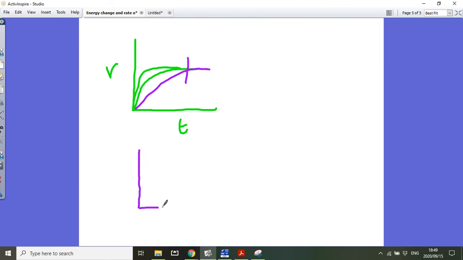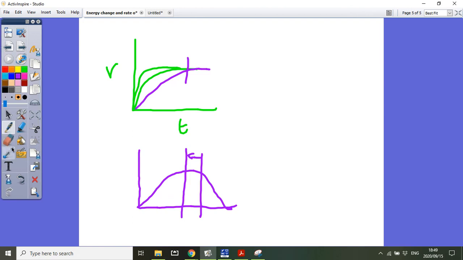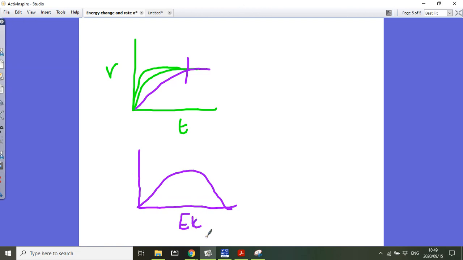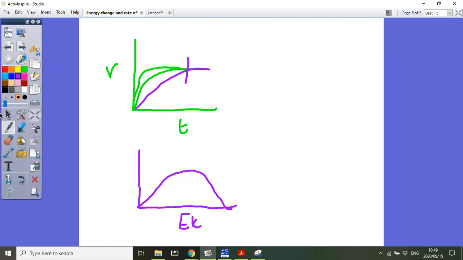Then for Maxwell-Boltzmann, I've already shown you for the catalyst. Remember, for a catalyst, the activation energy is the one that moves. So that's the effect for a catalyst. If the temperature is higher, remember the energy sits on the x-axis. So that means all these particles have now got higher energy.